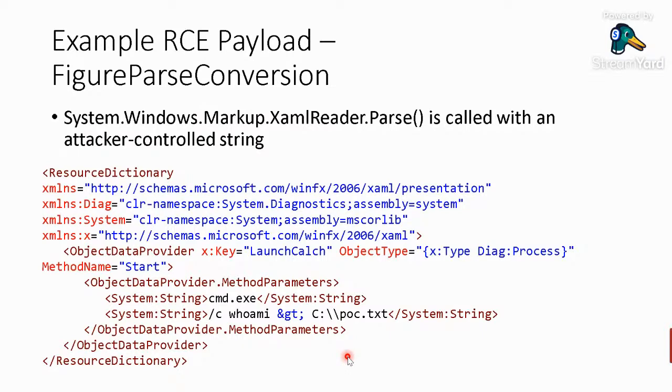It's a really popular gadget in ysoserial.net. You can see XAML reader quite a bunch there because it's such a powerful class. And in this example, they use the object data provider, which is another gadget, one of the first ones that was uploaded. So it's a very simple gadget, relatively speaking, and it's basically called by the XAML reader parse function.